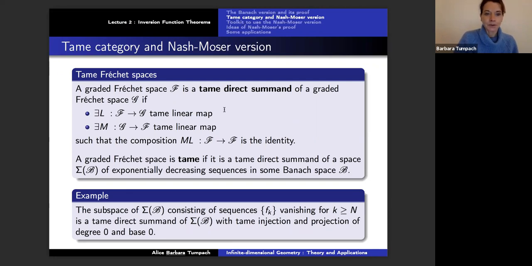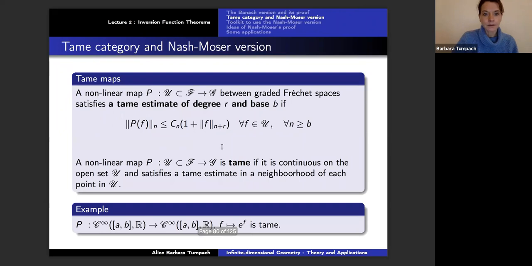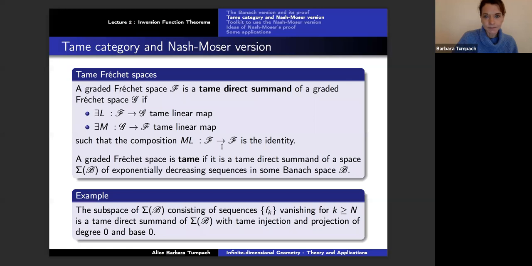This is for Tame direct summand, and we are interested in Tame Fréchet spaces. Here, a Tame Fréchet space is a direct summand in some space sigma B of exponentially decreasing sequences. So we have a block in some exponentially decreasing sequences.